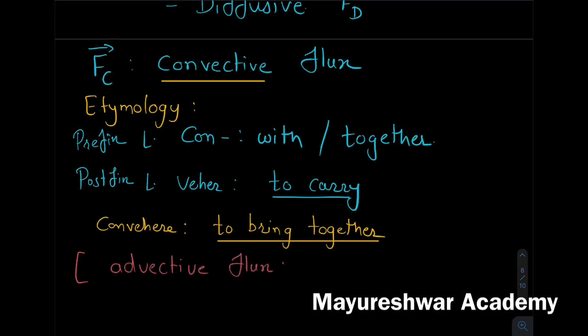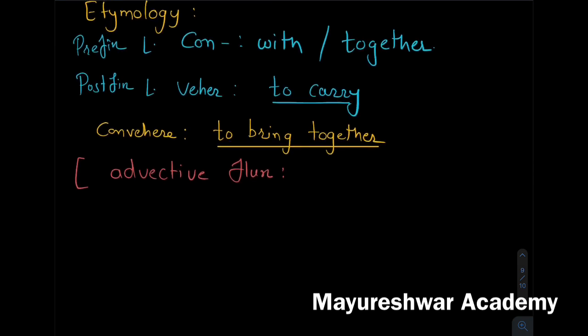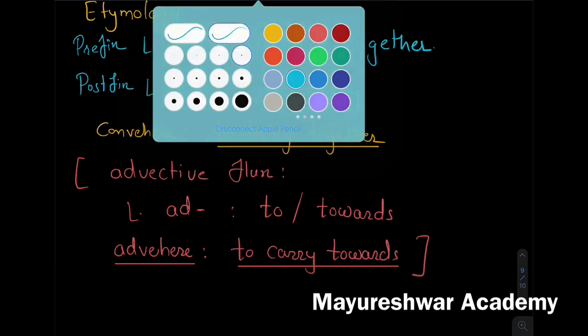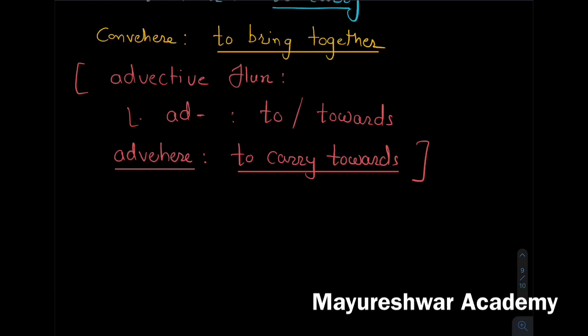There is another term, advective flux, commonly used especially in the chemical engineering branch. Here again I want to mention the etymology. Ad means to or towards, so there is a slight difference between advective flux and convective flux. Advective flux has a root advehere, meaning to carry property towards something, wherever the species difference is. You need to note this down: advection means to carry towards, and convection means to carry together.